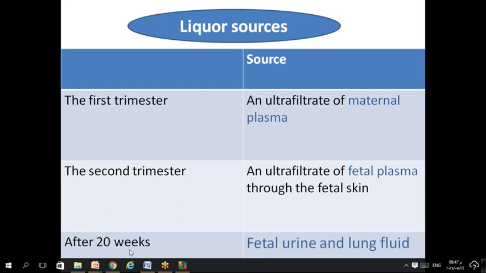And in most cases, if it happens to have oligohydramnios, it will be from rupture of membranes before that age, or if it happens before that age, it will result in a catastrophic condition to the baby. And we will discuss it later on, inshallah.